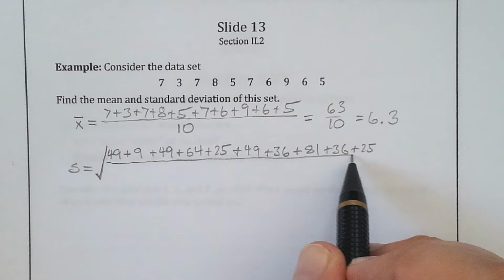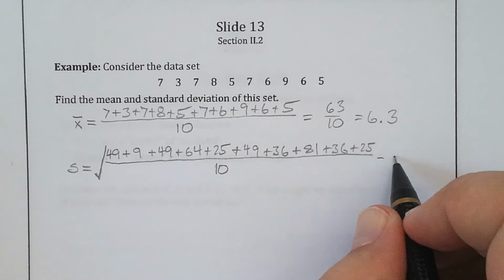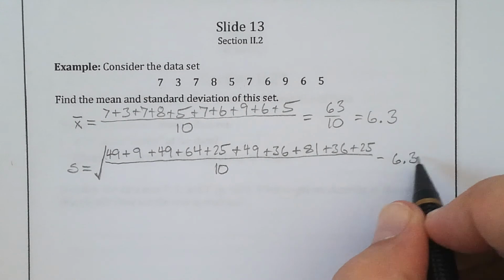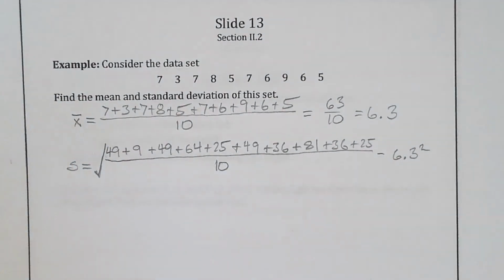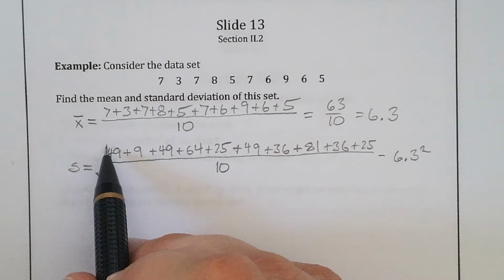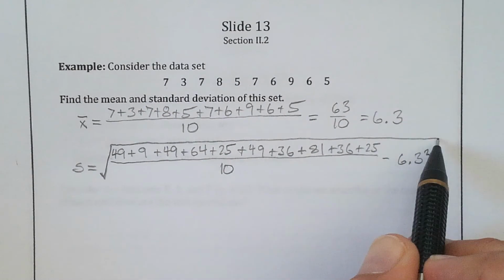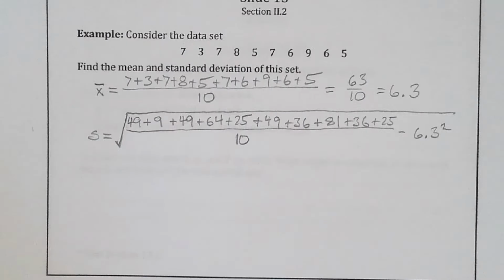All of that divided by the total number of scores, minus the square of the mean. I'll just write it like that for now. And then after I do all that, I'm going to take the square root of everything. Remember, the square root comes last.